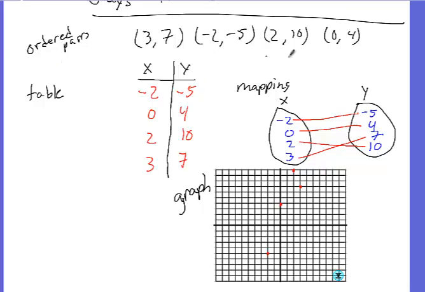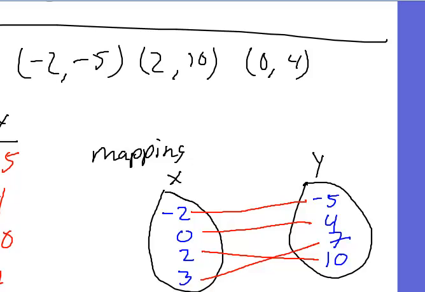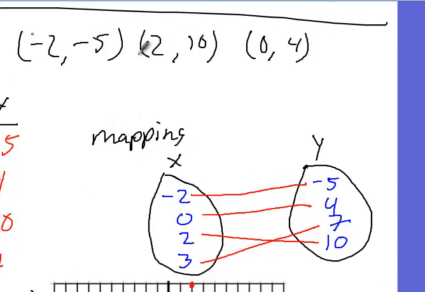Okay, but let's ask ourselves: is this a relation? Well, I mean, is it a function? Well, we have 3, -2, 2, and 0. Those represent our 4 coordinate pairs. It's a function because none of the x's repeat. But let's say I add this (2, -5). All right.